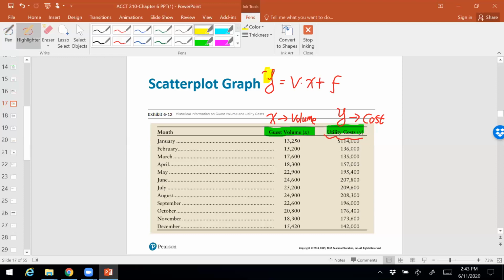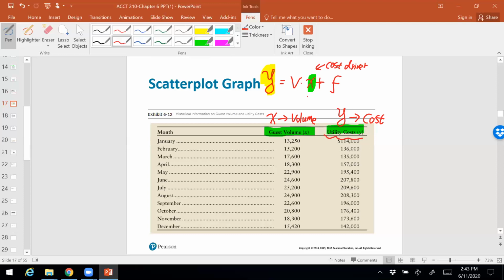We want to say, hey, this is the cost, the total cost. And then our X, no matter variable or fixed, this is our cost driver, right? So this is our cost driver. Remember, we said even for the manufacturing overhead, you have the direct labor hour or machine hour. So this is the same.